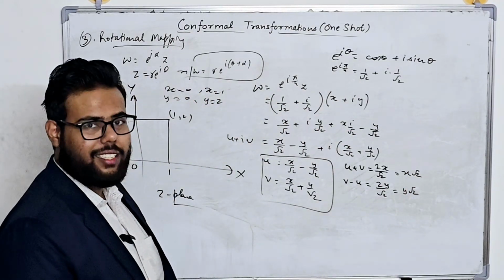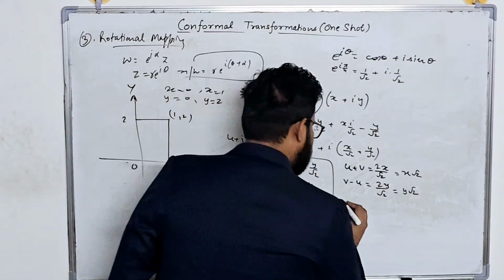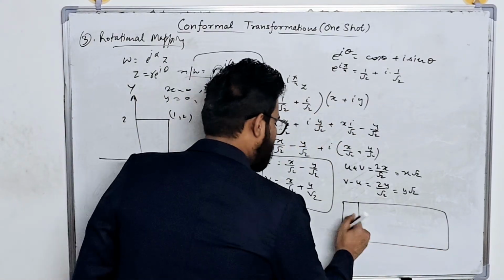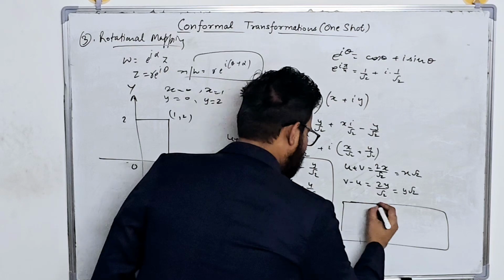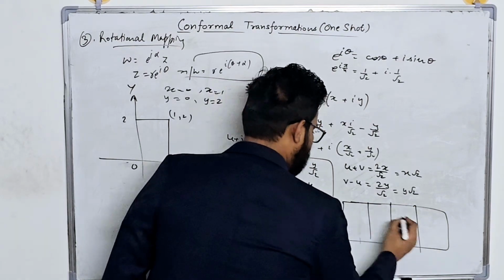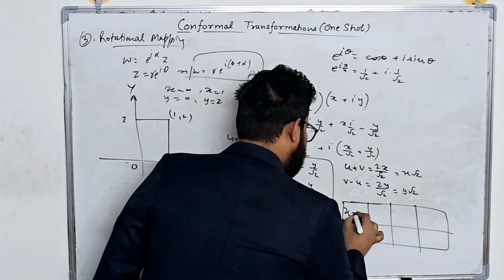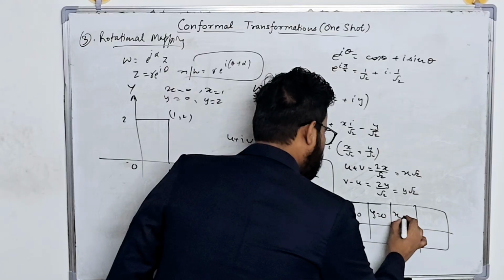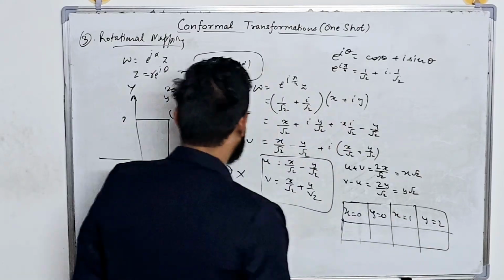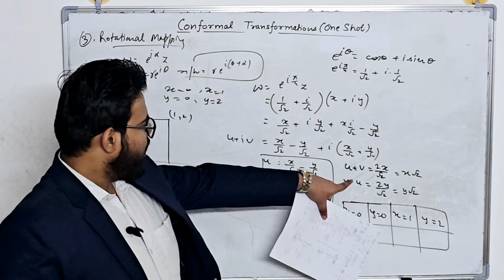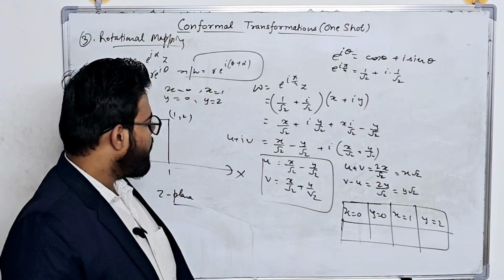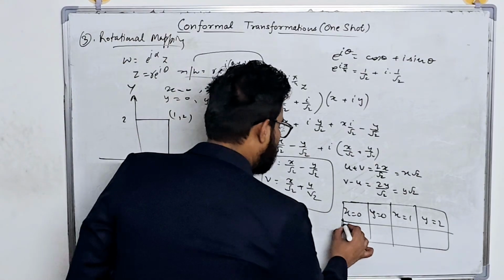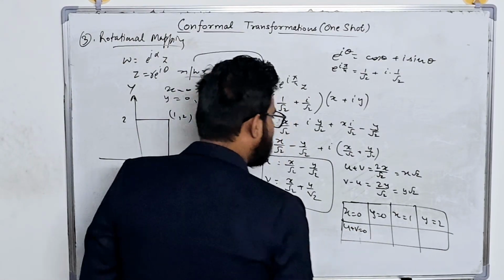Okay, now everything is clear. Now what you can do is, x is equal to 0, y is equal to 0, x is equal to 1, y is equal to 2, right? So when x is equal to 0, we have u plus v is equal to 0, right?